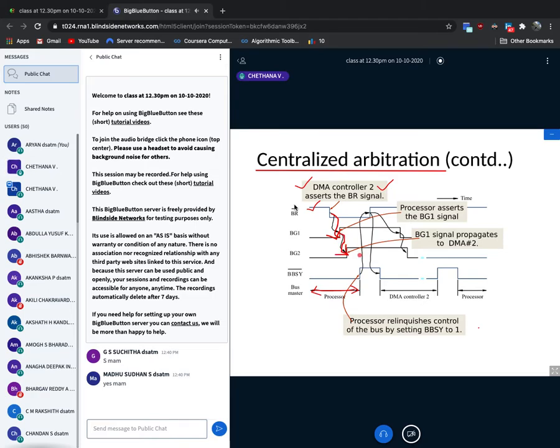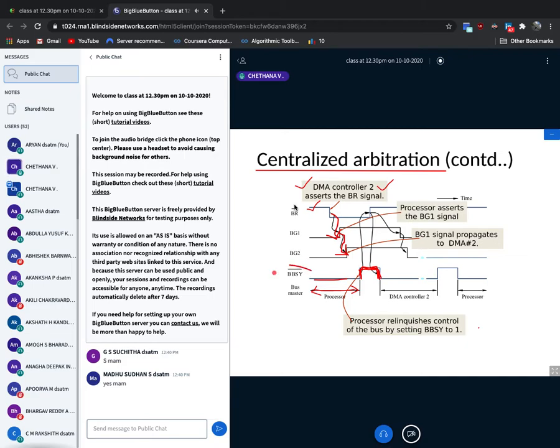By this time, see here, the bus is free. Free means what? Bus busy means lower mode, bus not busy means higher mode, higher impedance. In the higher impedance, the bus is said to be not busy. Why is it high impedance here?